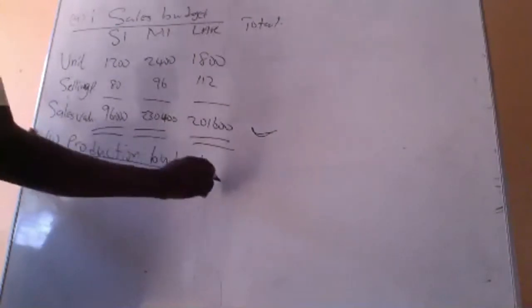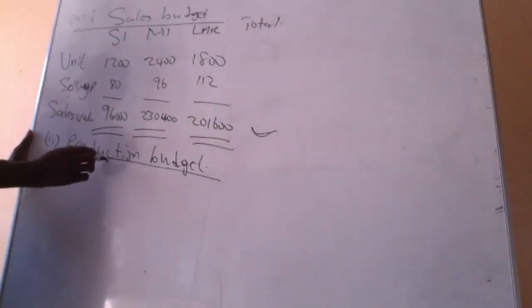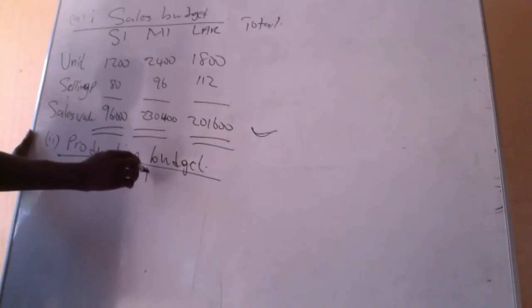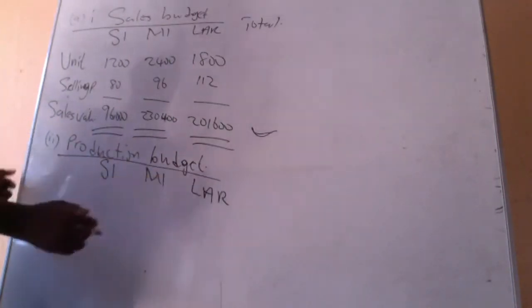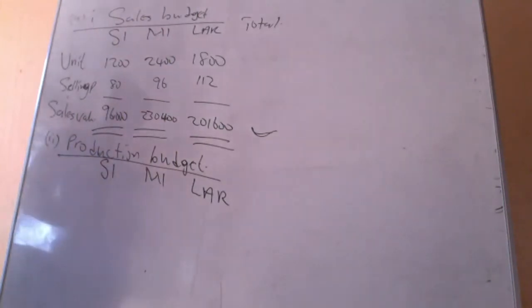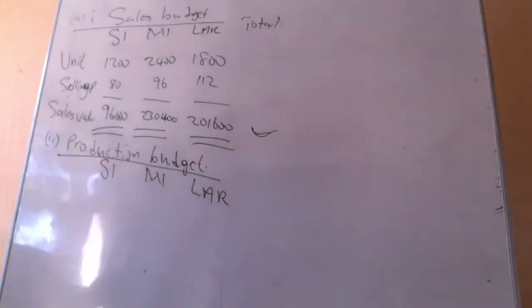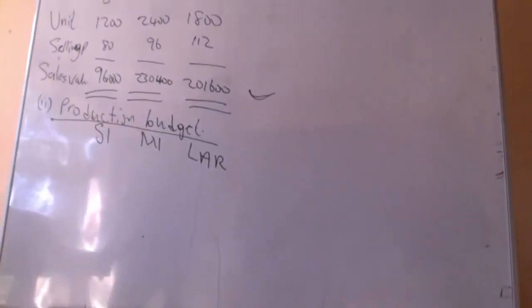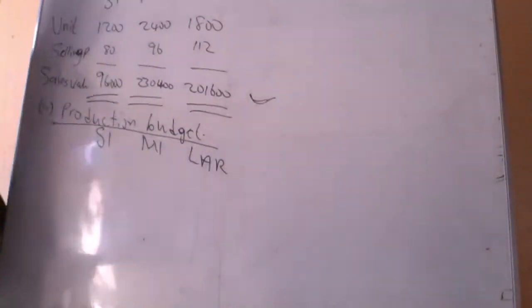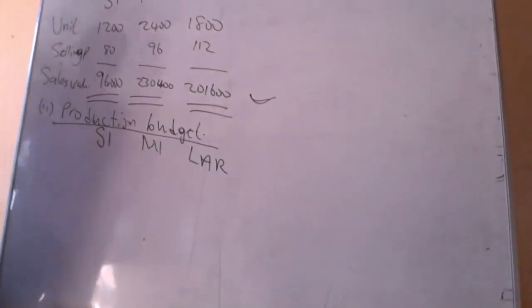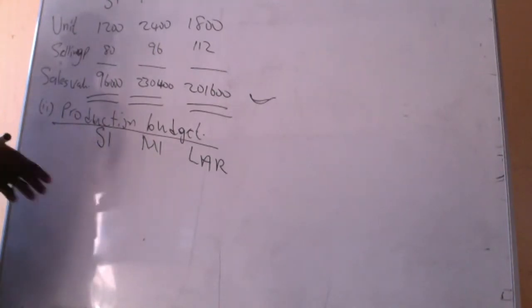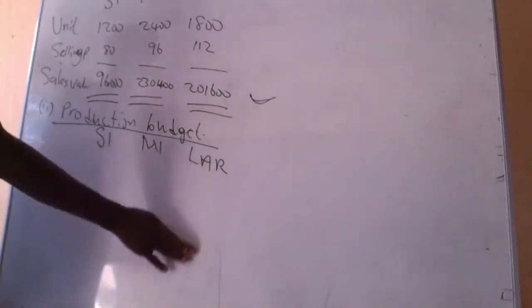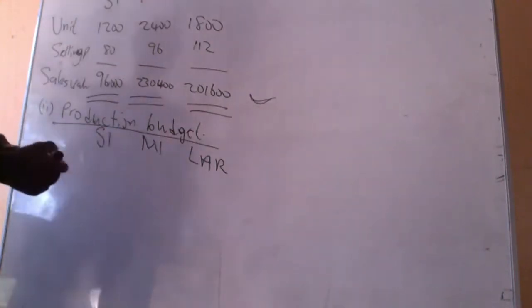Still, it's in units, so don't forget SI, MI, that's similar. And here no total, so you end there. Okay, now, if you want to get it, I'll probably have a nice format for it.